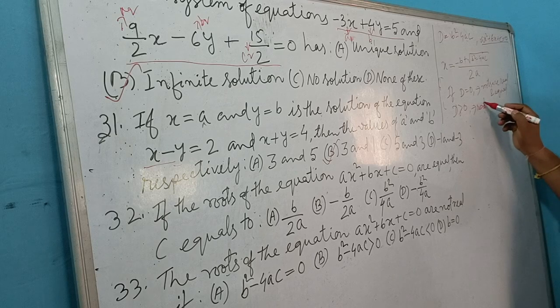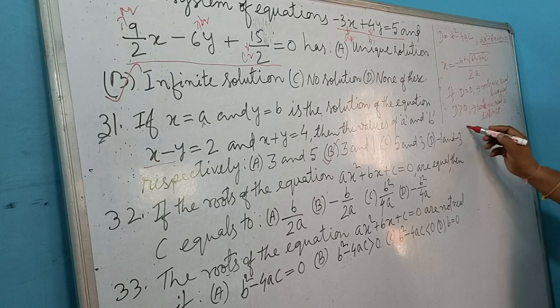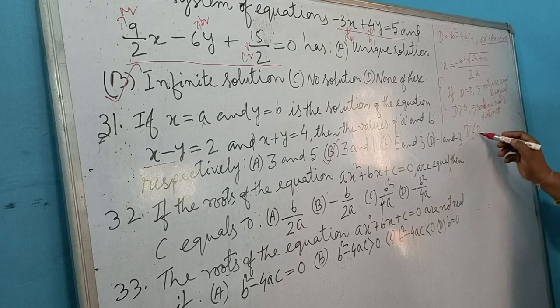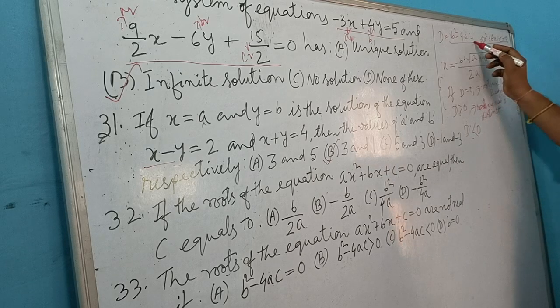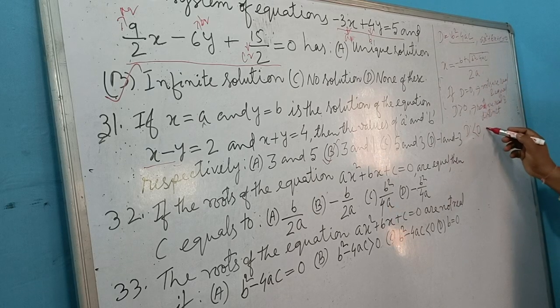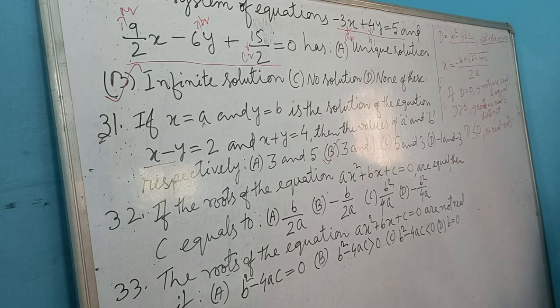Roots, or sometimes we say zeros, are real and distinct, and distinct means different. Clear? And if D is less than 0, then b square minus 4ac, that will be D, we get no real roots. Clear? These three conditions you have to remember.